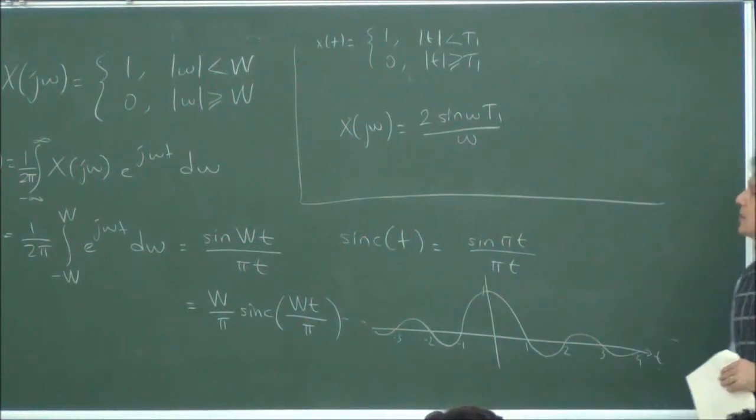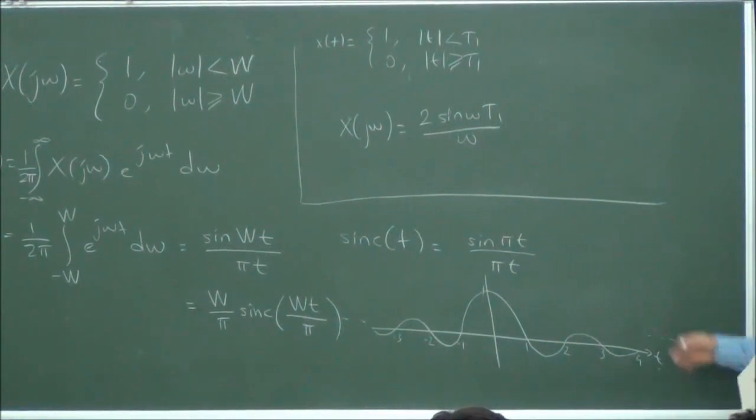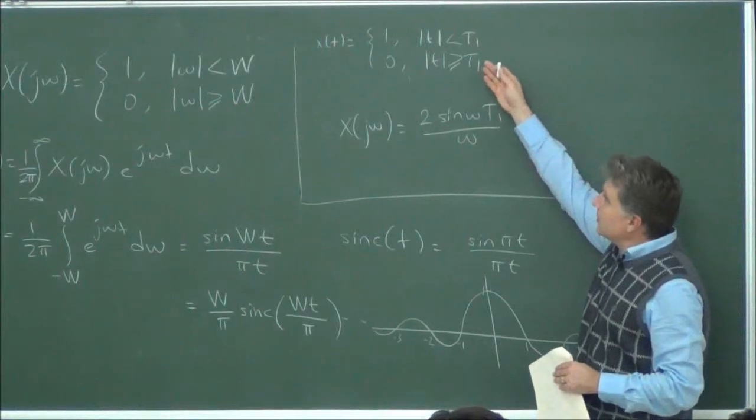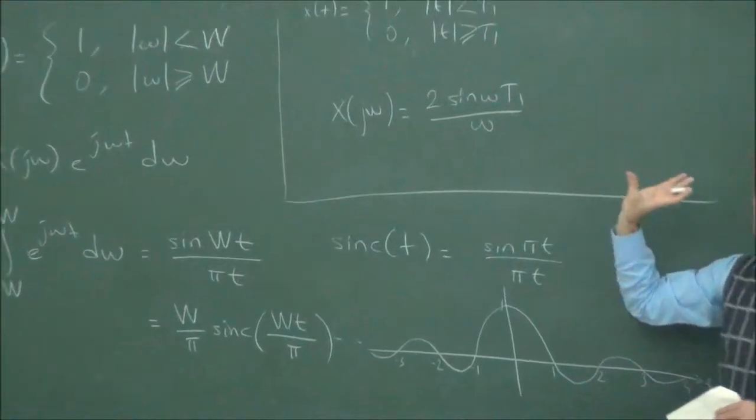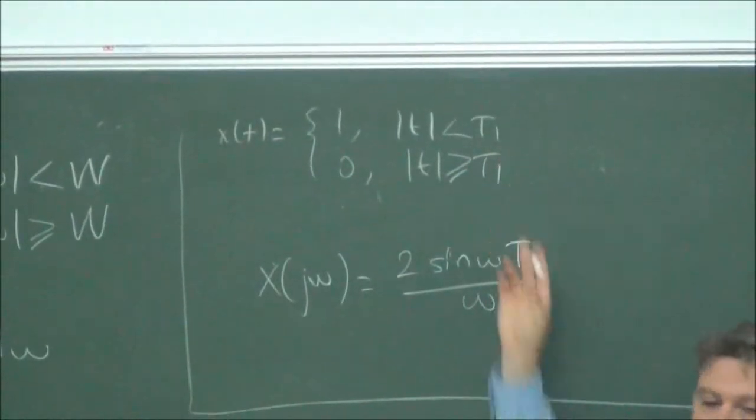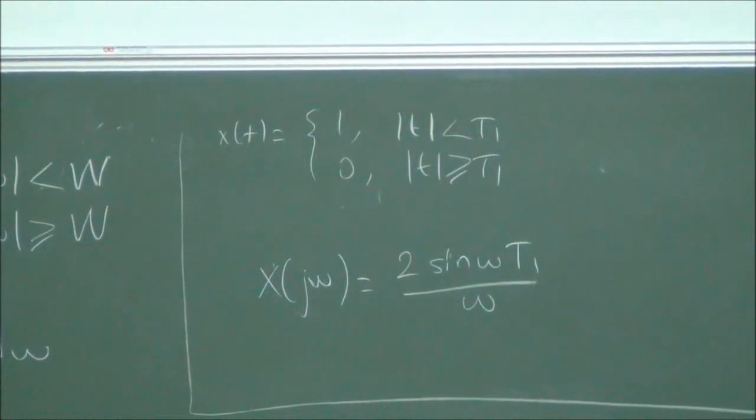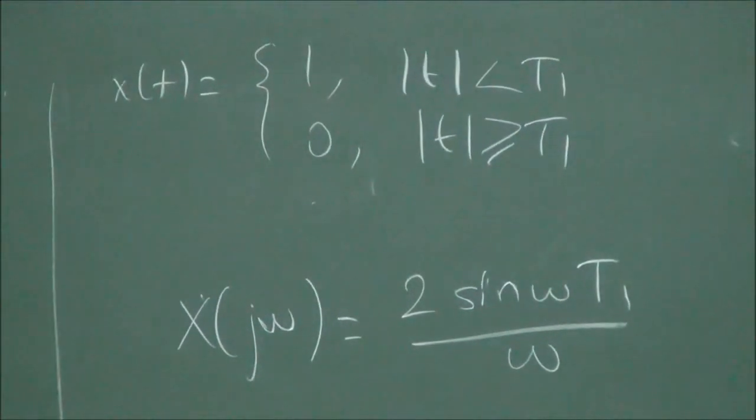This was the Fourier transform. Let's start from here then. Let's make this x of t indefinitely narrow. How do we do that? By making t1 as small as possible. Let's make it smaller and smaller. If we make it smaller and smaller, what kind of an x of j omega shape will you have?